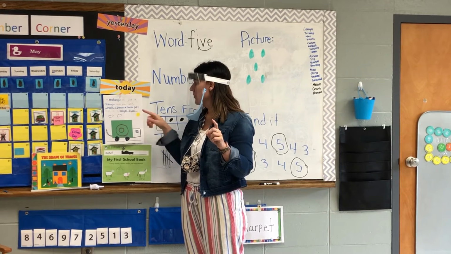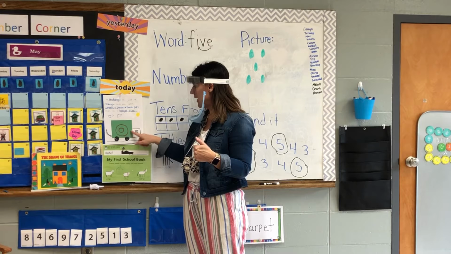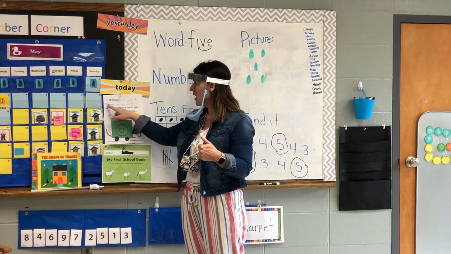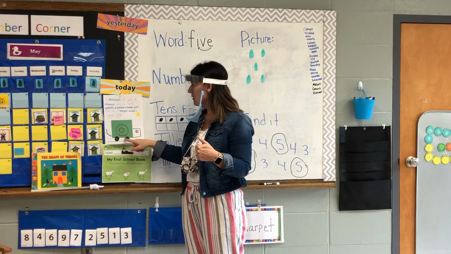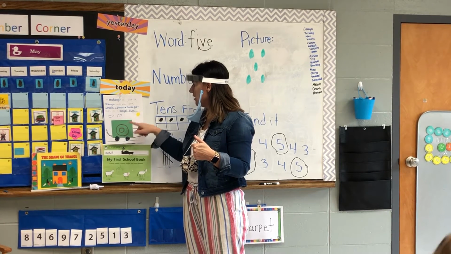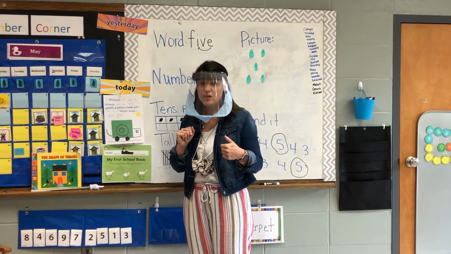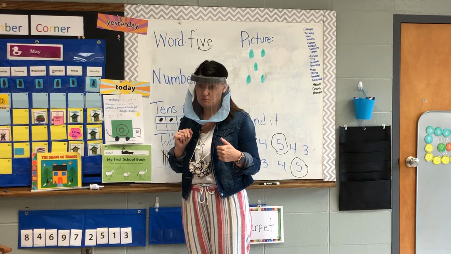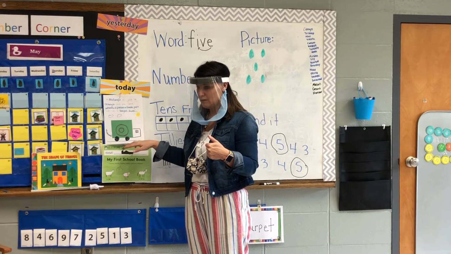Mine says a rectangle, because it's just a rectangle until you add wheels, a person, and a smoke pipe. Then it is a Target truck. Okay? So there's my picture.